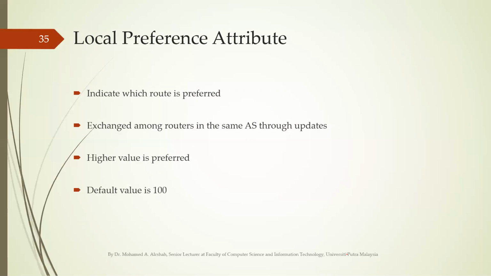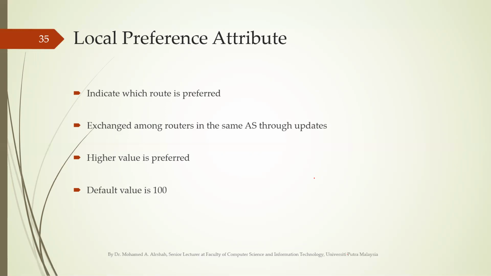Then here we have local preference. Local preference is similar to the preferences that we learned when we studied OSPF. If you remember, we have different preferences depending on the route type. If the route is static, it may have a certain number. If the route is a default gateway, it will have another number. If learned from OSPF, it will have different preferences and so on.